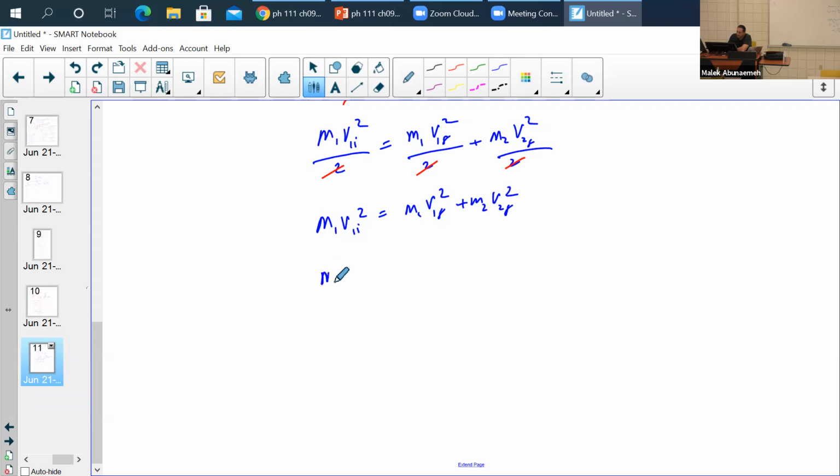Let's just organize this. So this one would be M1 V1 initial square minus M1 V1 final square is going to equal M2 V2 final square.